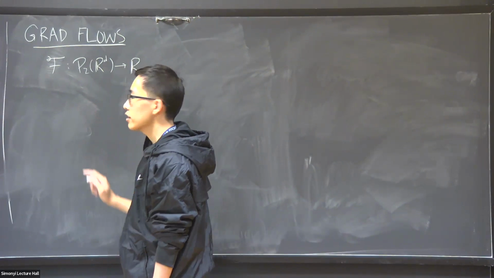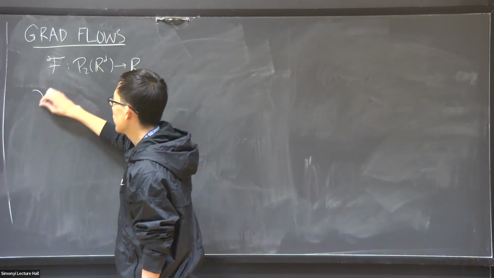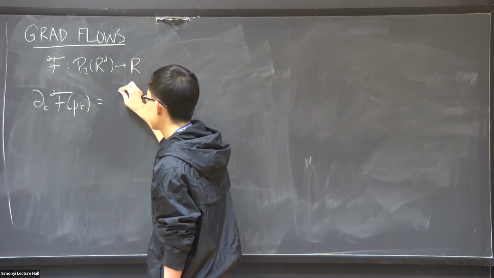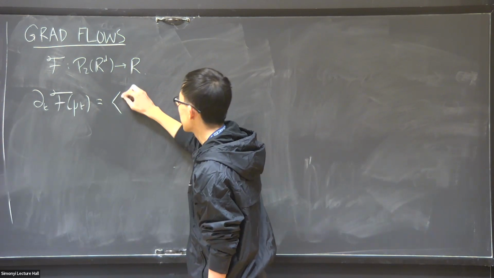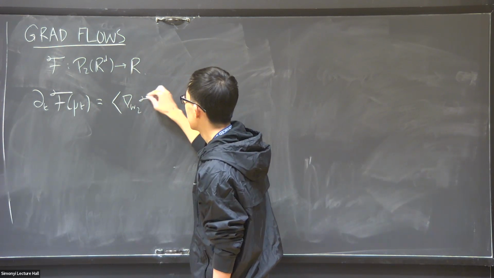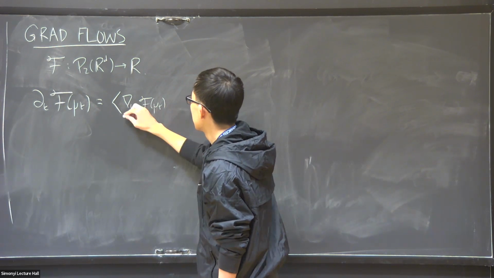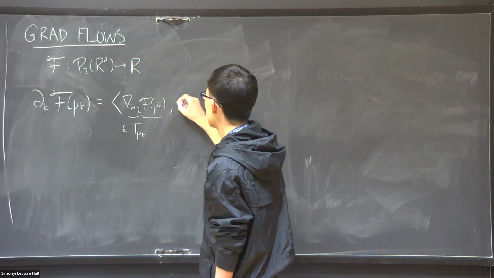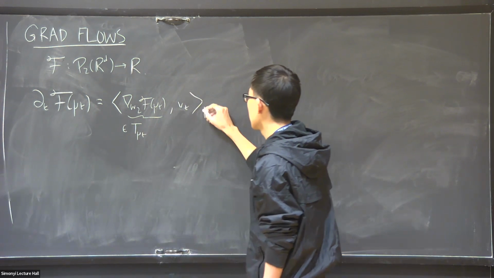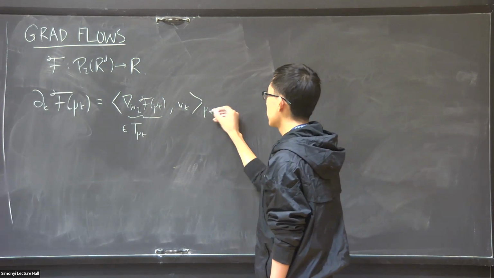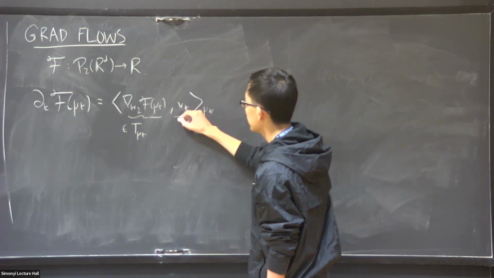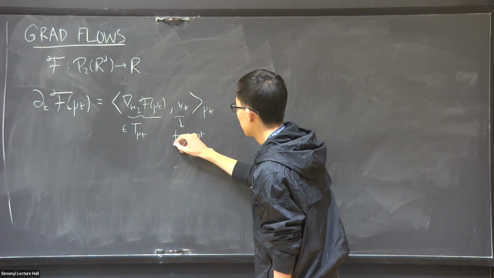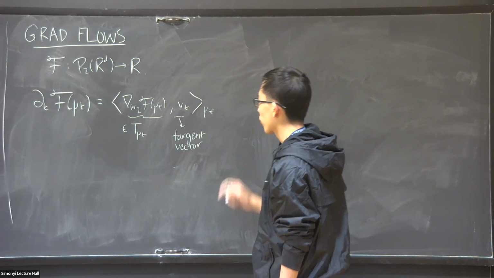It says that for any curve mu t, if I differentiate this functional along the curve mu t, then the gradient is the unique element of the tangent space. This has to belong to the tangent space, such that this equality is true, and Vt is the tangent vector to the curve.